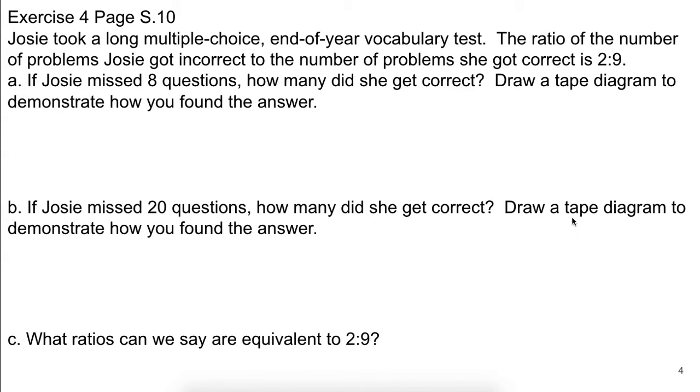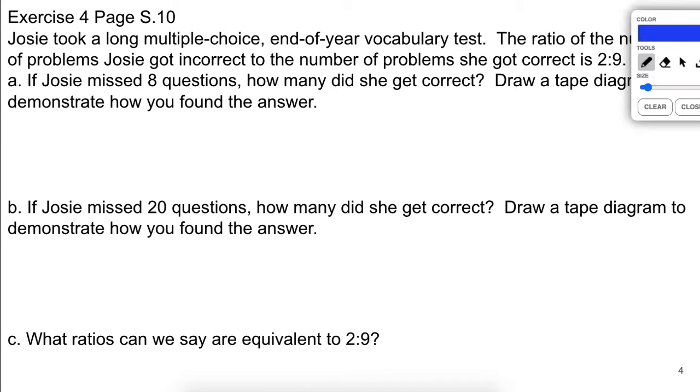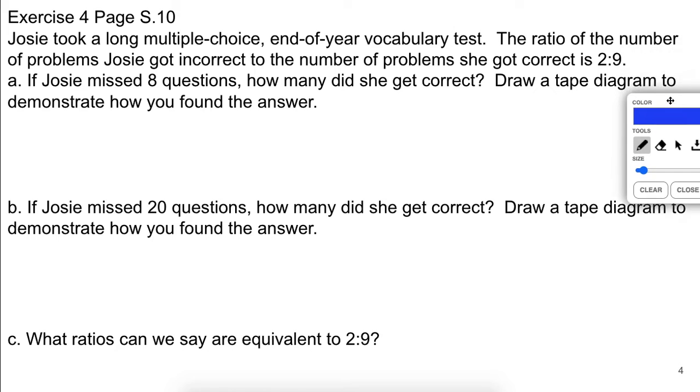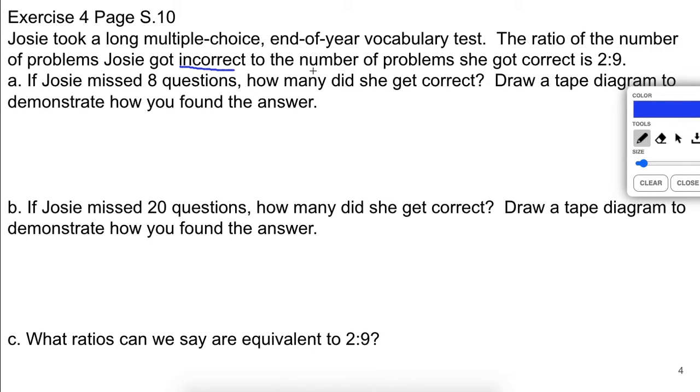So in exercise 4, Josie took a long multiple choice end of the year vocabulary test. The ratio of the number of problems Josie got incorrect to the number of problems she got correct was 2 to 9. So again, we have the ratio is incorrect to correct.